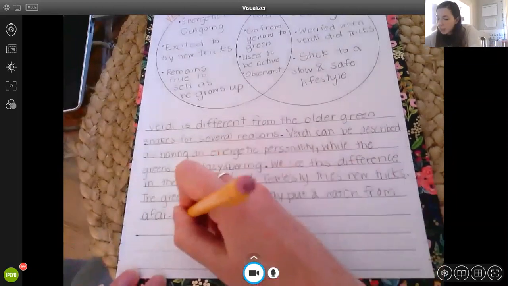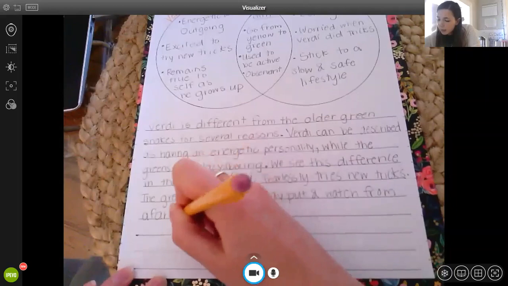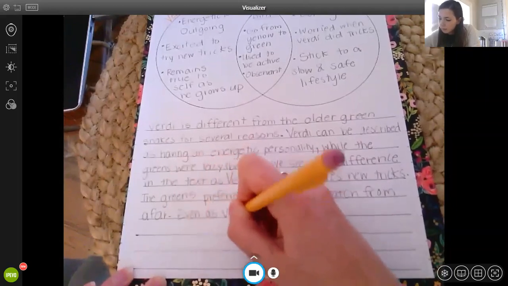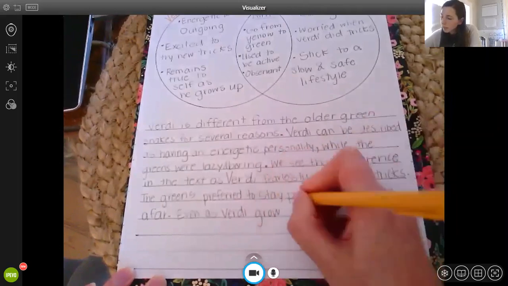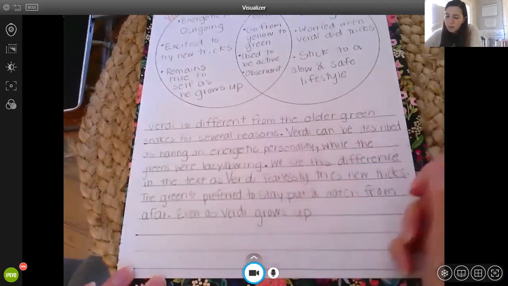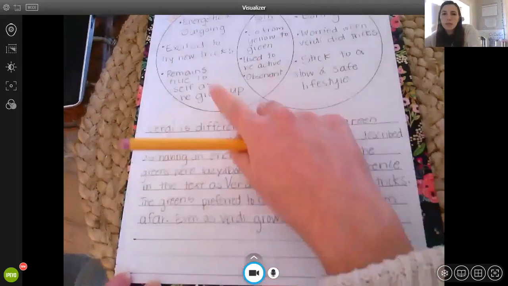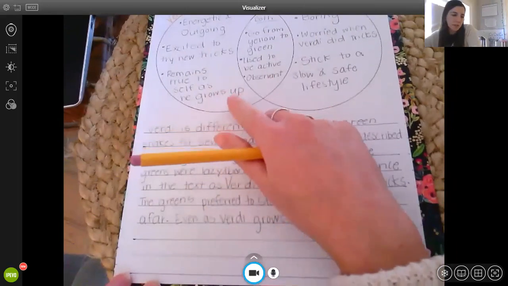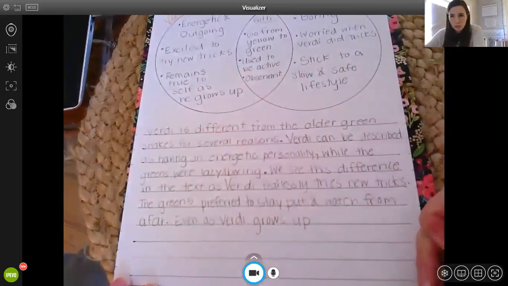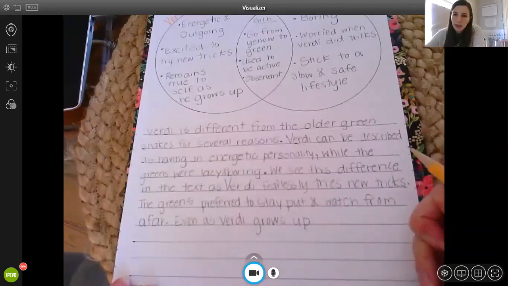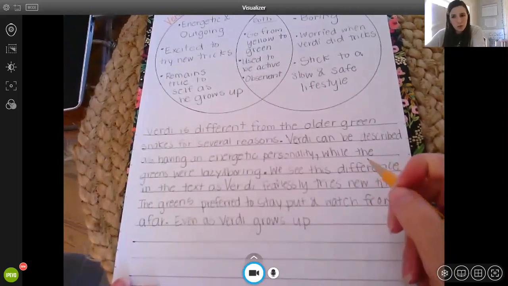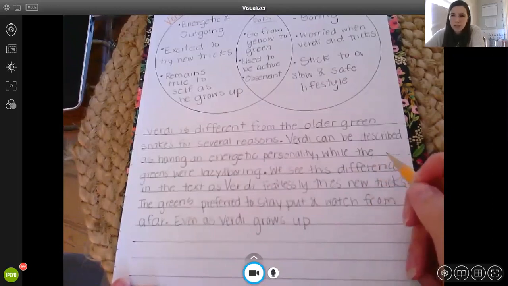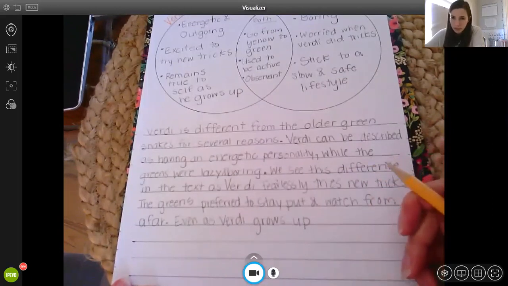Even as Verdi grows up, he remains different from the greens in some ways. When we look back on our notes, we can see he remained true to himself as he grew up. And one way we could support that was by thinking about the end of the text, how he interacts with those young yellows. And even though he's old and a little bit worried about hurting himself, he shows them the figure 8 trick.